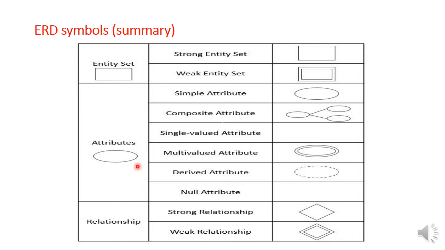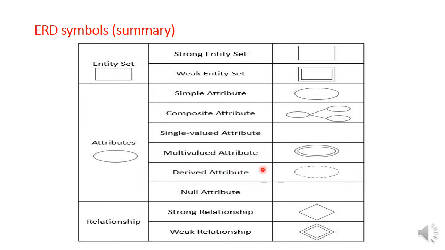Attributes generally are represented by an ellipse, but as I have told you, we have different types of attributes. A simple attribute is represented by an ellipse. A composite attribute is an ellipse with other ellipses connected to it. Multi-valued attributes have two ellipses associated.